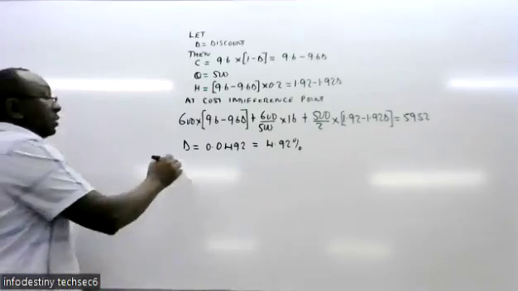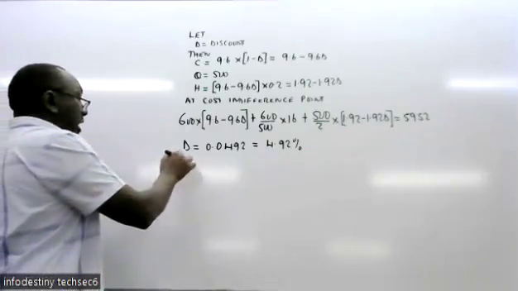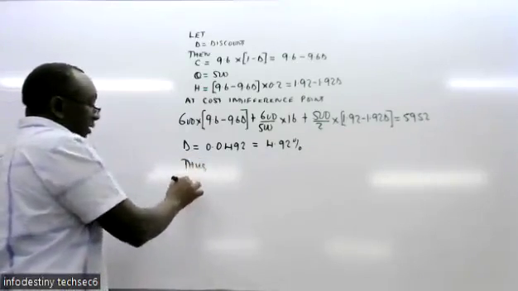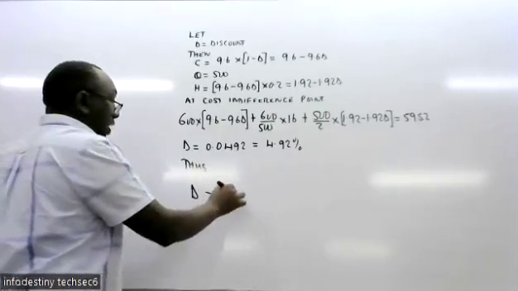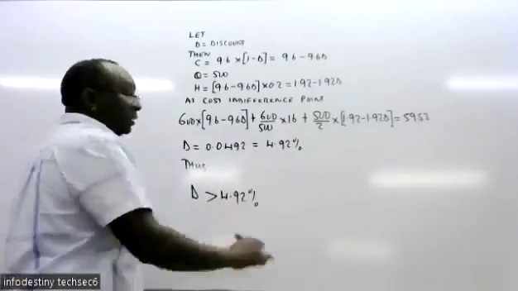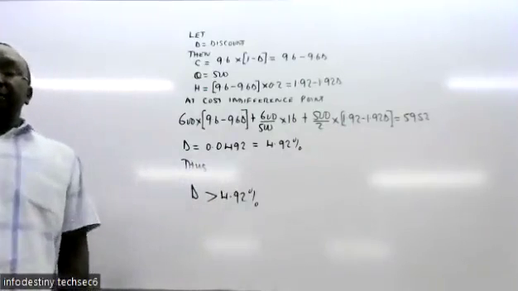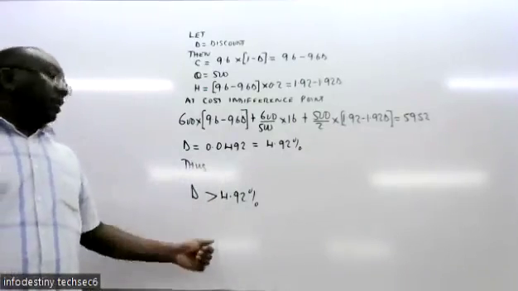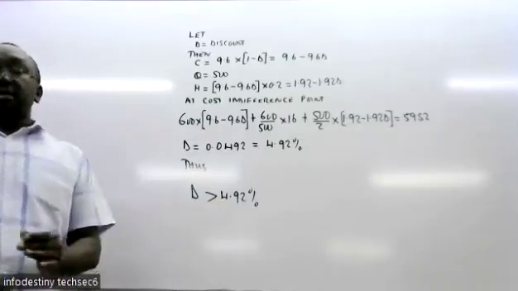So the discount should be greater than 4.92%. If they want it to be beneficial to us, it must be greater than 4.92.